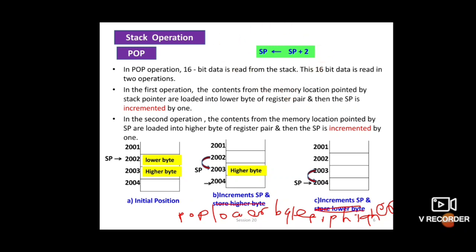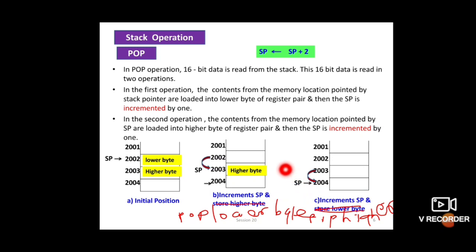See again, the initial position of the stack: lower and higher bytes are stored, and the stack pointer is at the 2002 memory location. In the first operation, first the lower byte is read from the stack, then the stack pointer is incremented by 1, from 2002 to 2003. Then in the next operation the higher byte is read from the stack, and the stack pointer goes from 2003 to 2004.